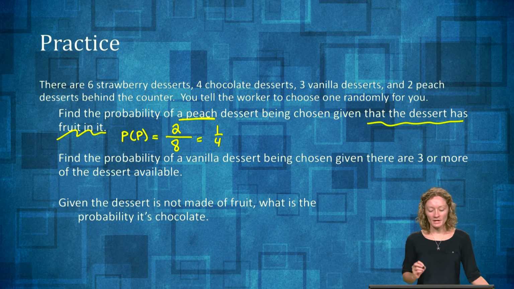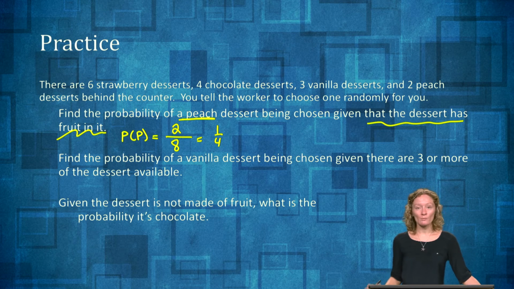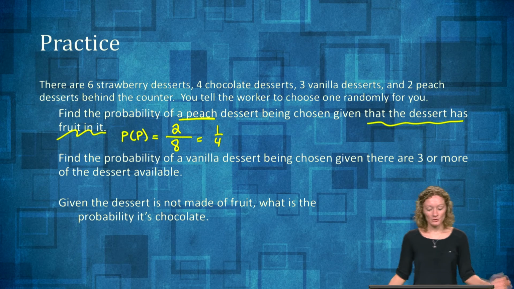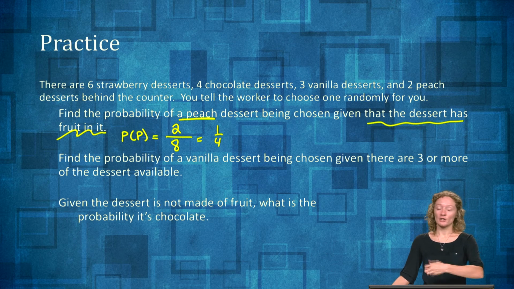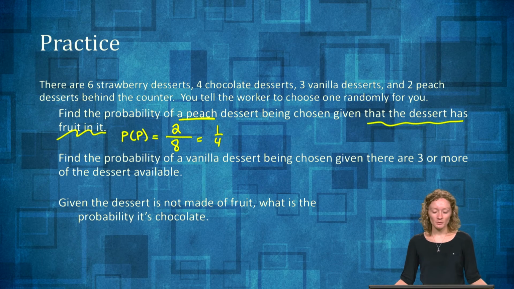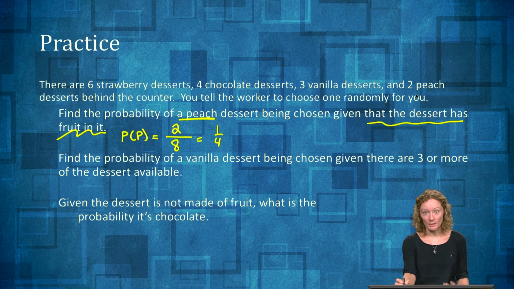All right, next one. Find the probability of a vanilla dessert being chosen given that there are 3 or more of the dessert available. So in this case, you're telling the person behind the counter, you know what, you pick whatever you think would be good. Well, if you're the person behind the counter, you're probably not going to pick the one that only has a couple left because you want more options for later customers.